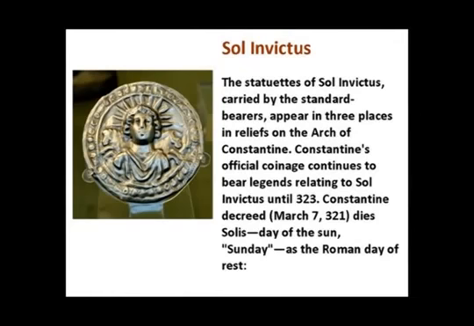The statuettes of Sol Invictus, carried by the standard bearers, appear in three places in reliefs on the Arch of Constantine. Constantine's official coinage continues to bear legends relating to Sol Invictus until about 323 AD. Constantine decreed, on March 7th, 321, Dies Solis, Day of the Sun. That's Sunday, as the Roman day of rest.